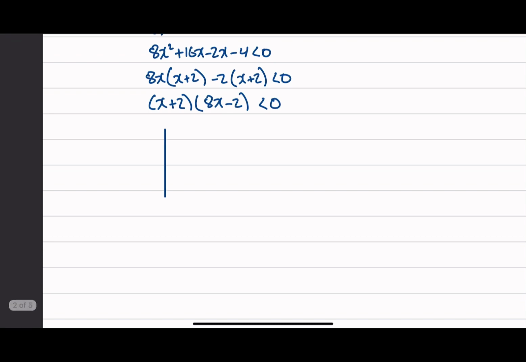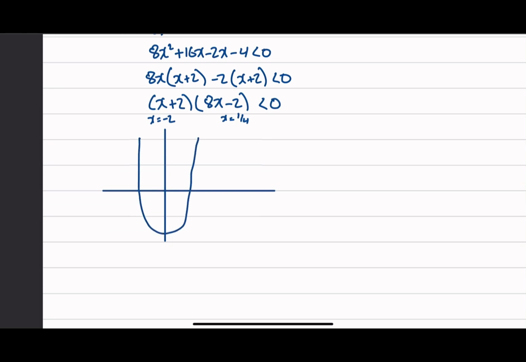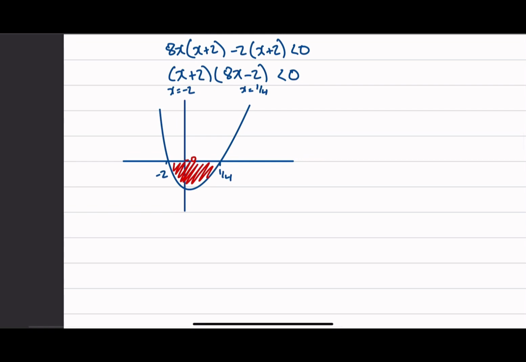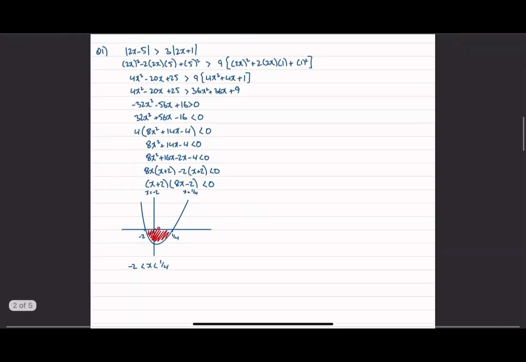Make a quadratic curve. This minus 2, let's call this 1 over 4, and we need the part which is less than 0, which will be this part. So my answer for question 1 lies between minus 2 is less than x is less than 1 over 4.